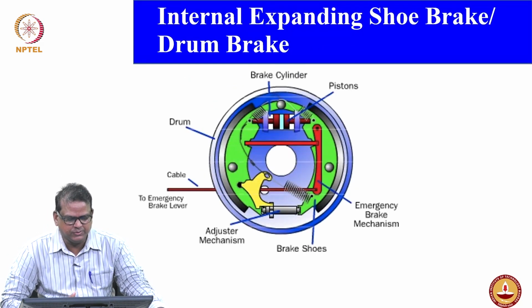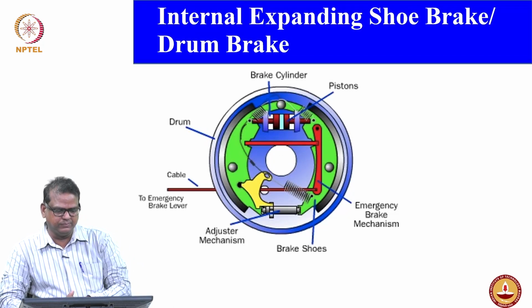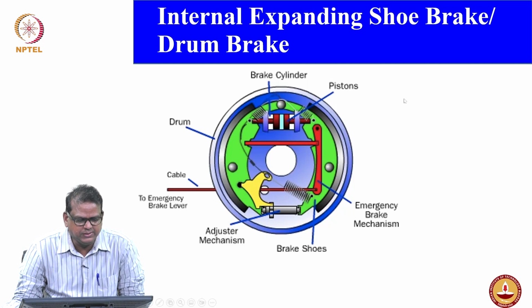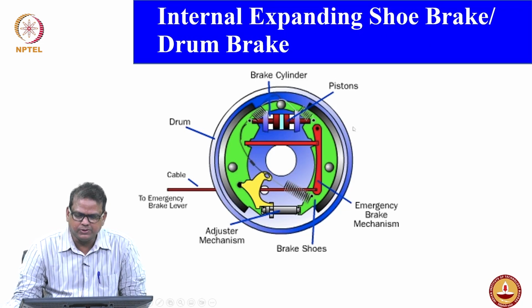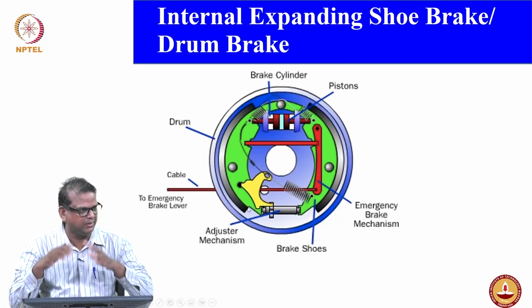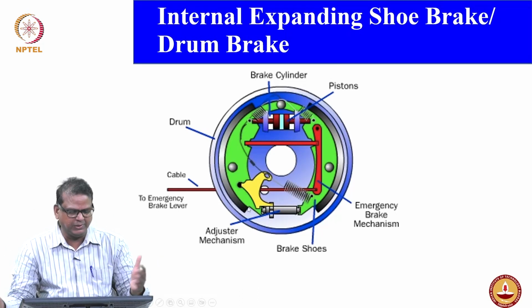This is the typical schematic diagram of the internal shoe expanding brake or drum brake. When you say internal expanding shoe brake, the shoes are arranged inside the drum, right? You can have them outside also, depending on the application.